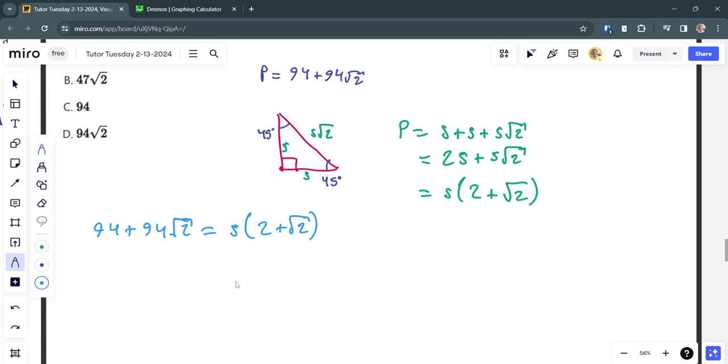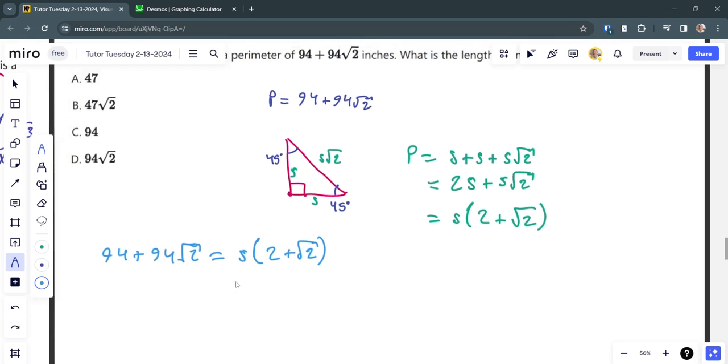So one thing I notice here, if I factor out something like 94, then I would get 94 times 1 plus square root 2. So that's not quite what we want.